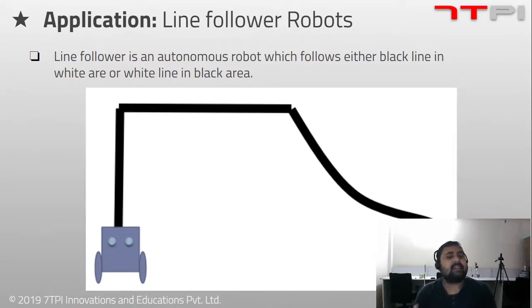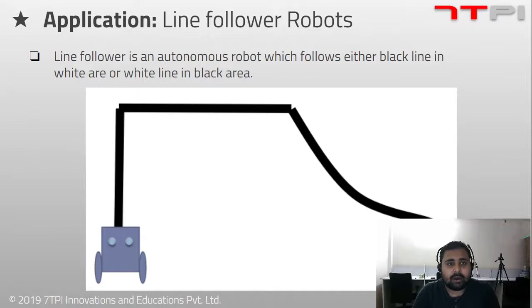Basically we have designed a robot which performs a particular action, but it is still limited, meaning we still need to give directions. A line follower robot follows either a black line or a white line. We have programmed this robot to follow a particular line. Now the line needs to be designed by ourselves.